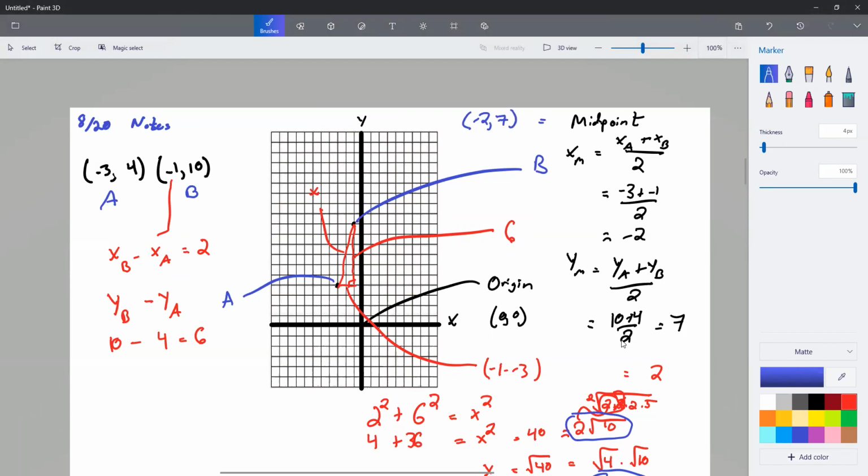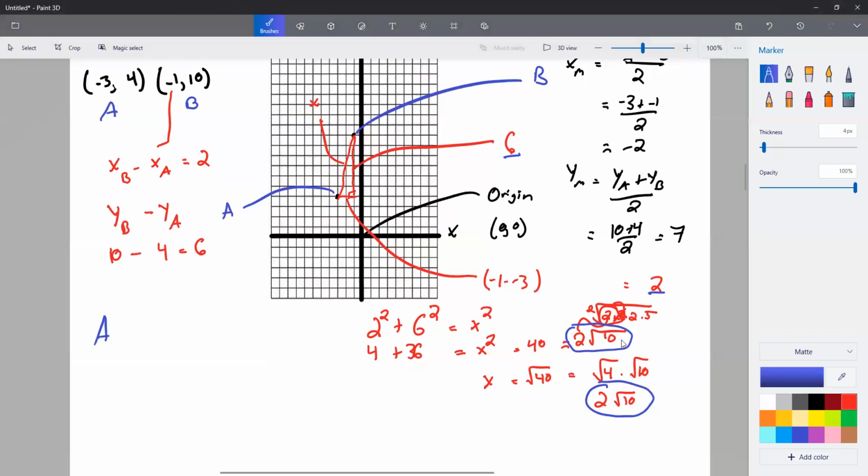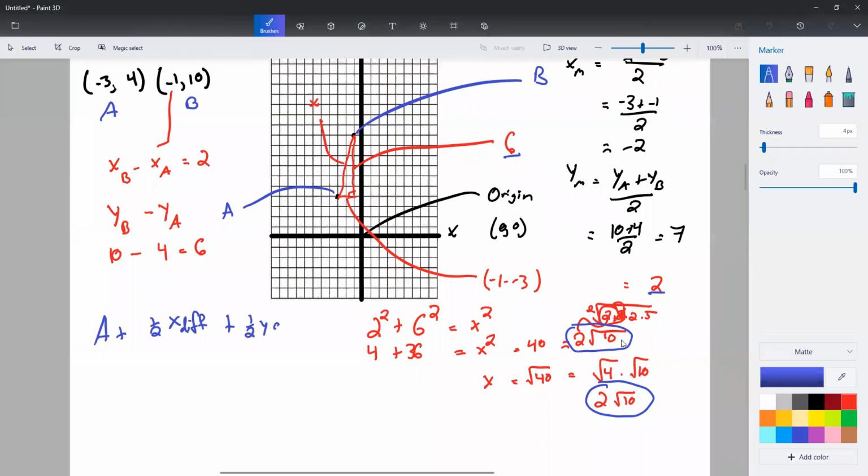That's one way to do it. The other way to do it is to take point A and give it half of this horizontal difference and half of this vertical difference. So if you took point A plus half that x difference and plus half of the y difference, the way that looks is you do -3 plus half of that x distance, so plus 1.